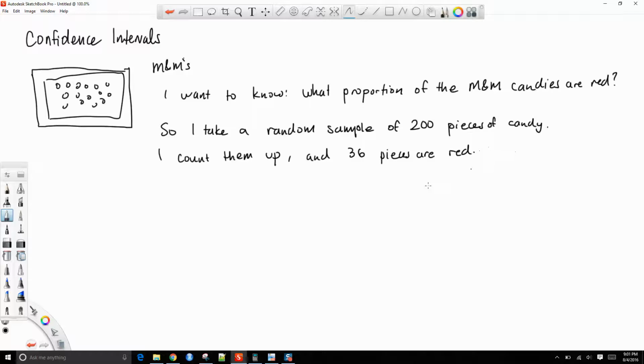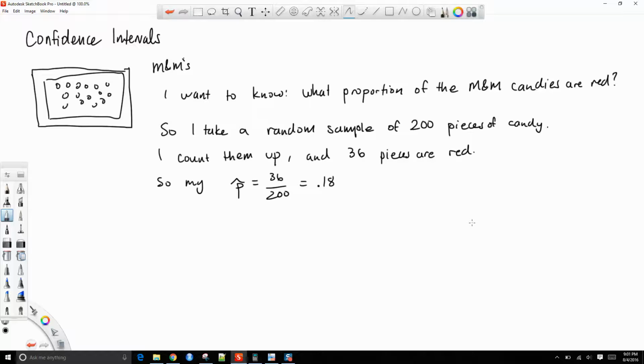So that means my p hat, my sample proportion, is 36 divided by 200. 0.18 of the sample is red. So my p hat is 0.18.